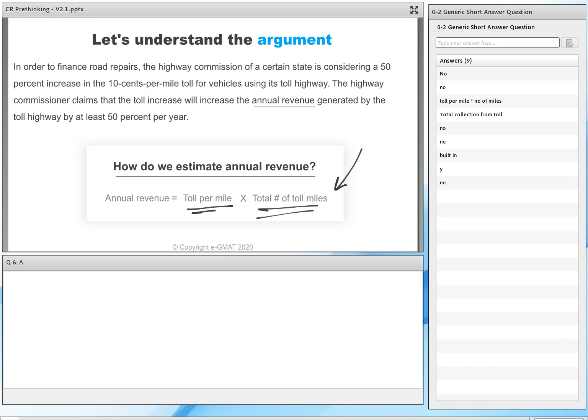And that's why you do not want to look at answer choices, because they provide information that corrupts your brain. Okay, you don't want your brain to be corrupted. Simply, if you read the argument, your annual revenue is how much toll am I collecting per mile and how many total miles are being traveled on the toll.